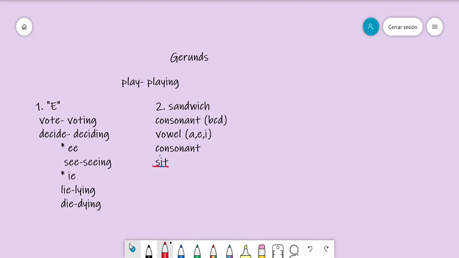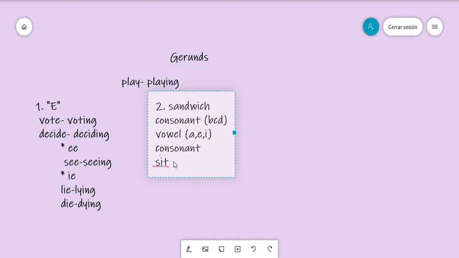Okay, now what is the thing that you have to do in this case? When you have sit, you have to repeat the last letter. For example, you finish with T, you have to repeat the letter T. So you have sitting.